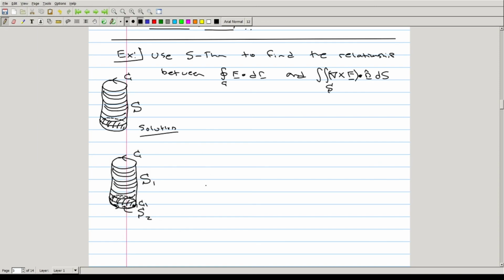Because each one of these surfaces is smooth and can be parameterized, just like we talked about before, we can directly apply our general Stokes theorem to each of the smaller surfaces.